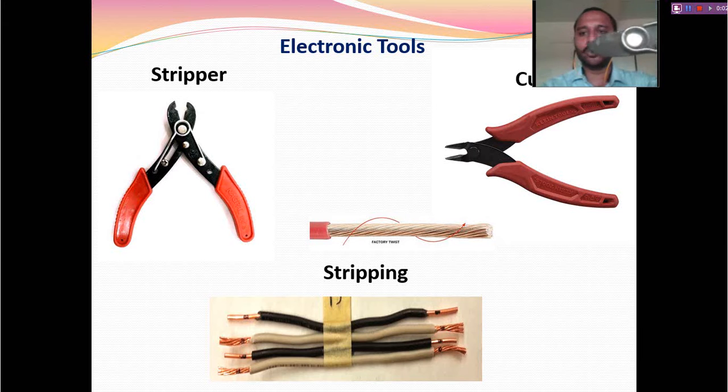This is actually used to remove the insulation from the metallic wire. The use of the spring is that when you press it and remove the insulation, it again regains its original position. So this stripper is useful for removing insulation.